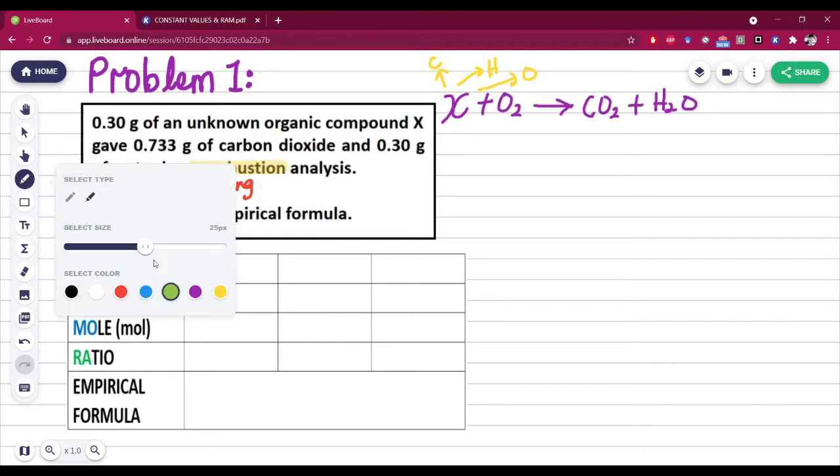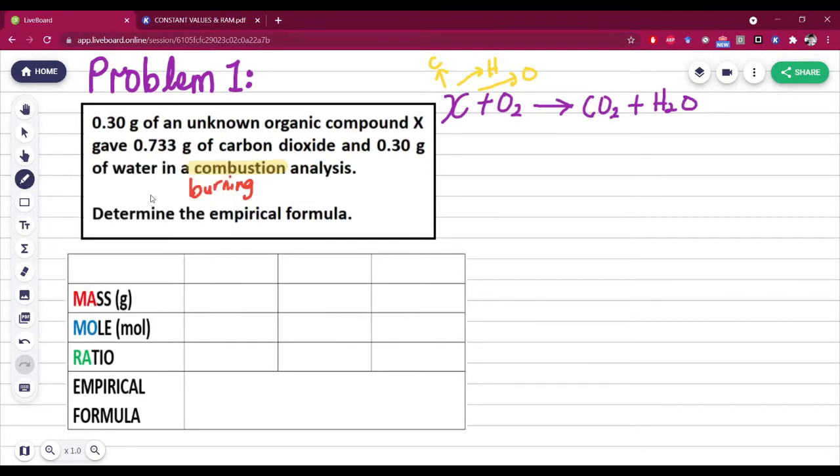Let's have a look at the question now. It says that 0.30 grams of X gave 0.733 grams of carbon dioxide and 0.30 grams of water. So you have water being produced.